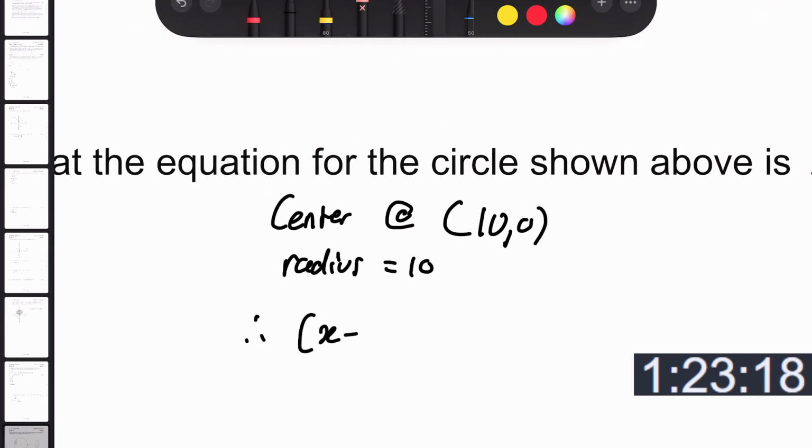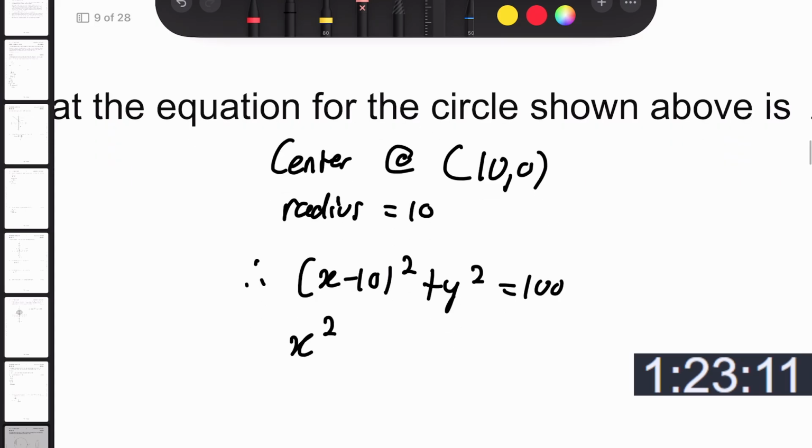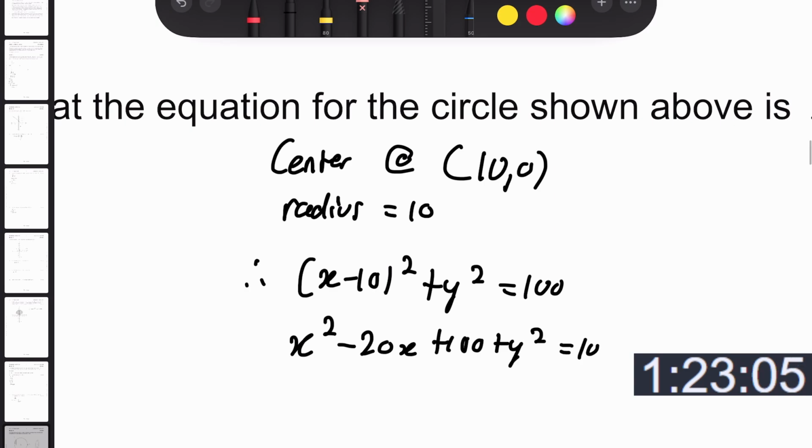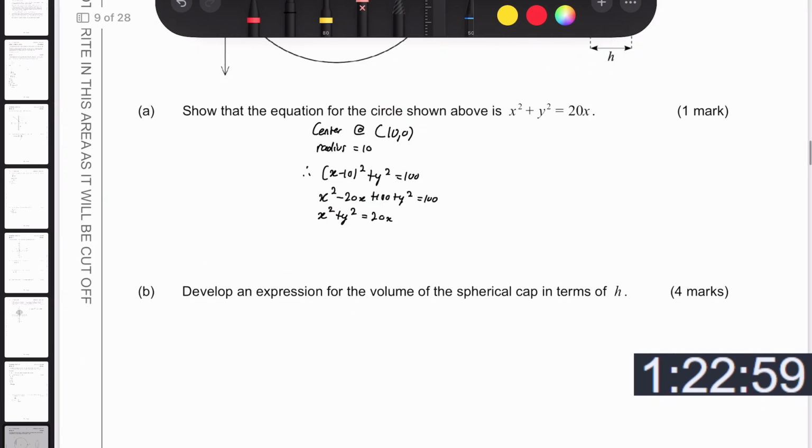Therefore, (x minus 10) squared plus y squared equals 100. So then x squared minus 20x plus 100 plus y squared equals 100. x squared plus y squared equals 20x.